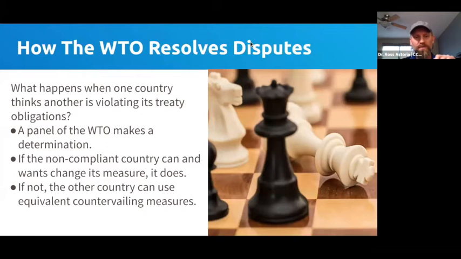And if it doesn't, then the other country who won the arbitration can levy equivalent countervailing measures. Those equivalent countervailing measures are also supervised by the WTO to try to make sure that they are in fact equivalent. So there's a kind of tit for tat there, but even that process is supposed to be monitored by the WTO.